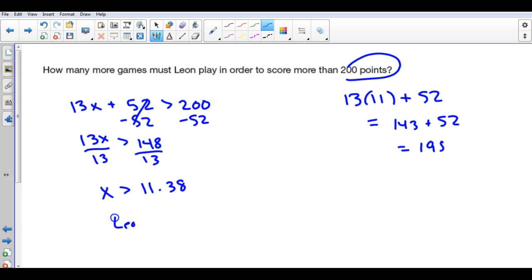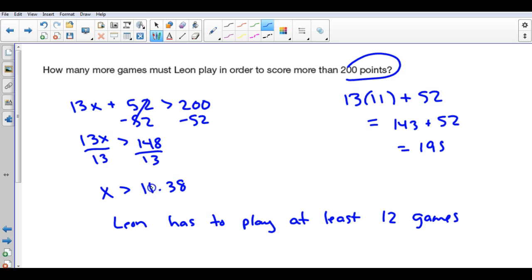So Leon has to play at least 12 games. So what I have to do is round up then. I know that if I round down to 11 games, it's not going to be enough. So he needs to play that 12th game, and that will give him more than 200 points.